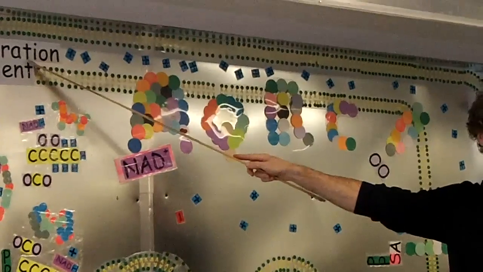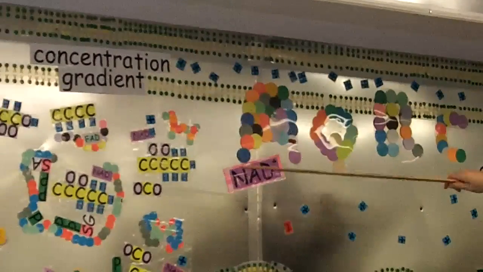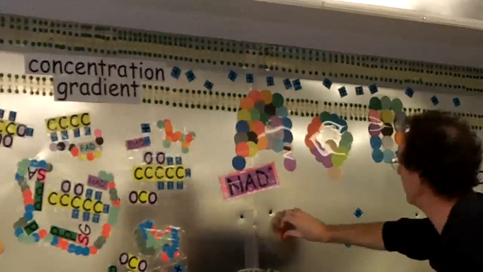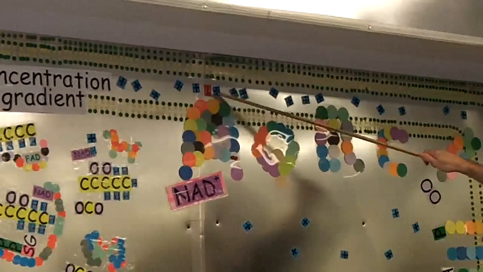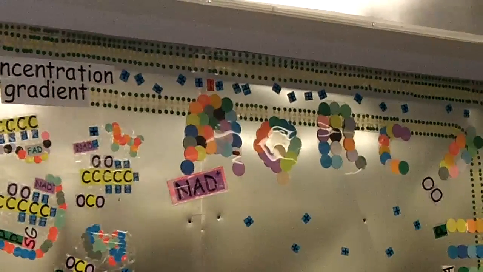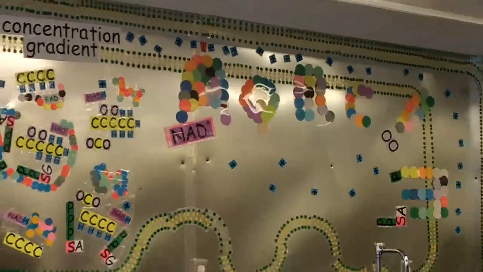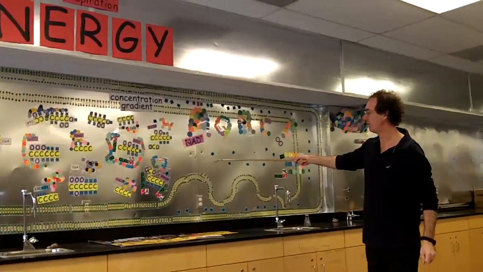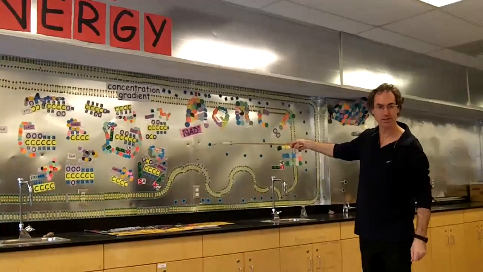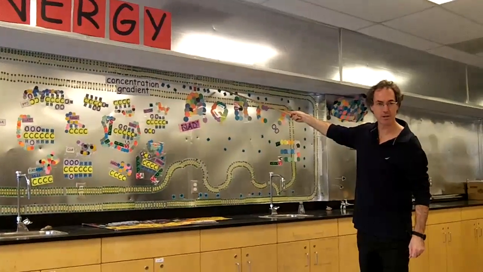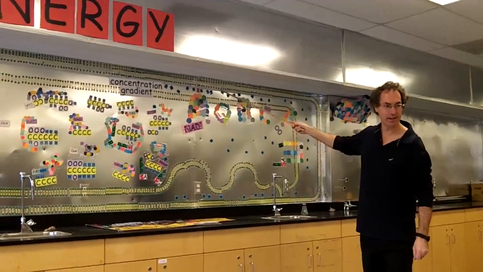What do we call that? Energy was used to move this proton from the matrix through the protein to the intermembrane space. That proton moved from, how would you describe the concentration of protons in the matrix compared to the intermembrane space? Low to high.